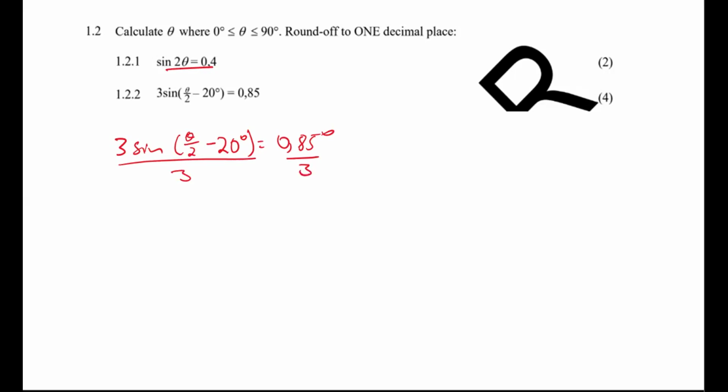Then the 3 eliminates the 3. Have sine theta over 2 minus 20 degrees equals 0.85 over 3. Then you find the inverse. Theta over 2 minus 20 degrees is equal to the inverse.